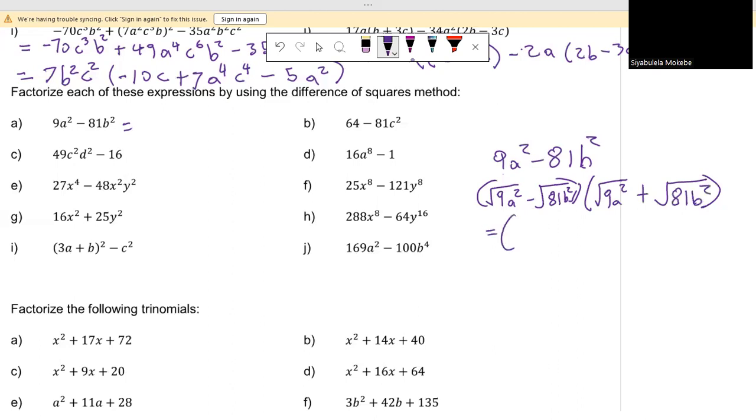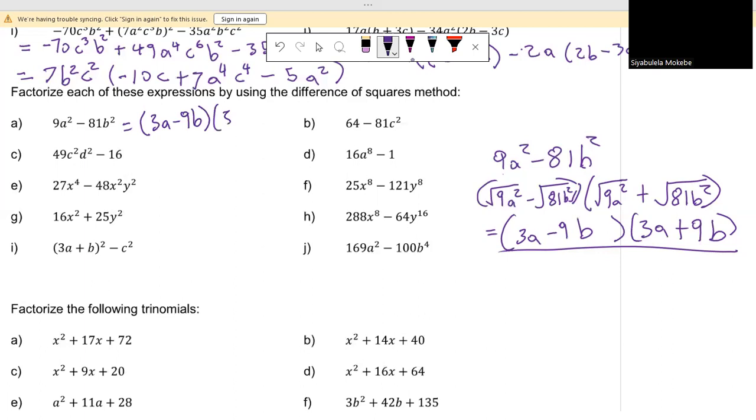So that is 3a minus 9b, 3a plus 9b. So here it means 3a minus 9b, then 3a plus 9b.